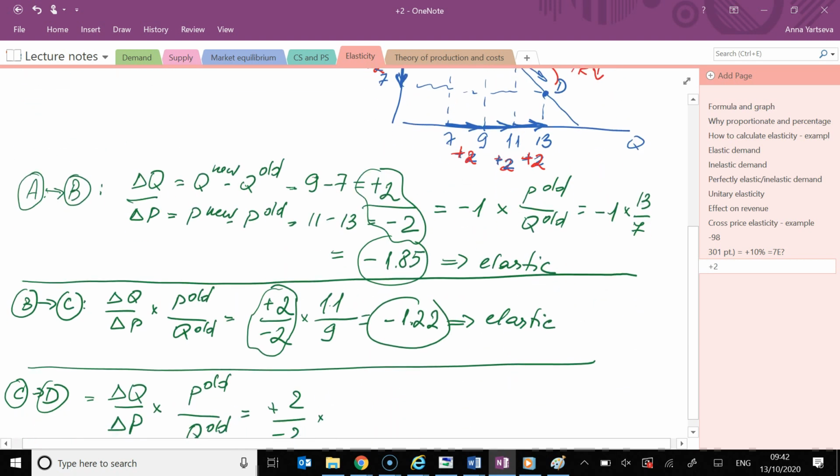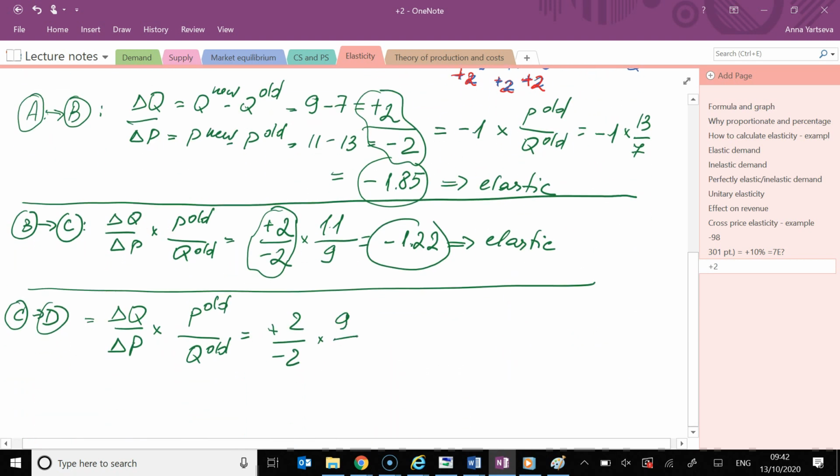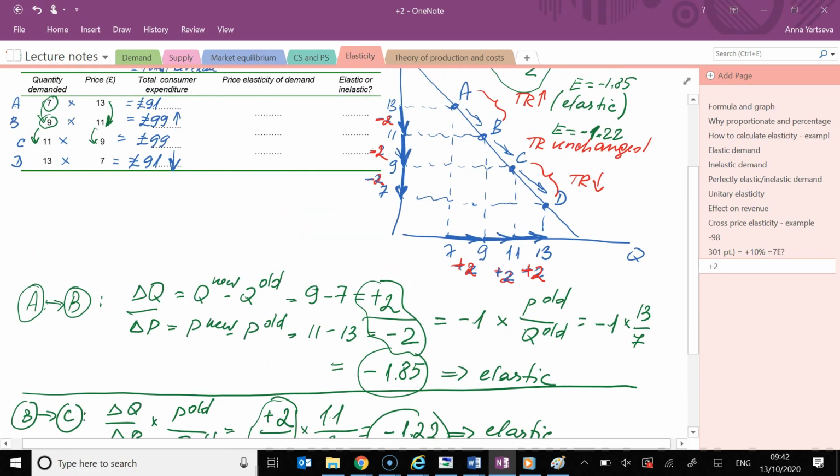So price is 9, quantity is 11. We have the same component as before, plus 2 divided by minus 2, but the values for old prices and quantities will now be different. We start at different bases, and the result will be 0.82. Of course, it's negative, but now it's inelastic, because in absolute terms, it's less than unity. So between points C and D, demand becomes inelastic.